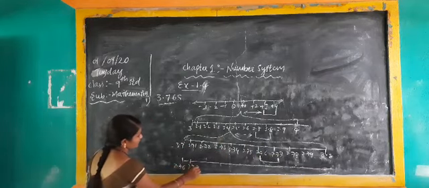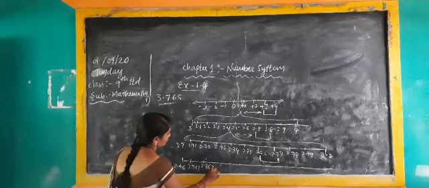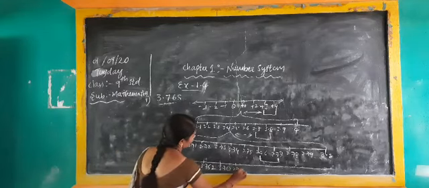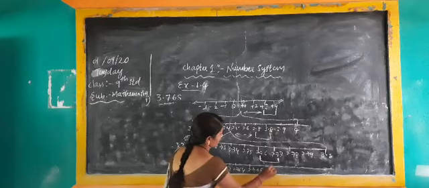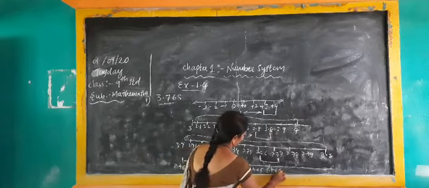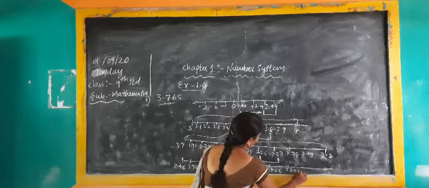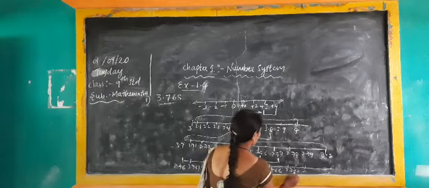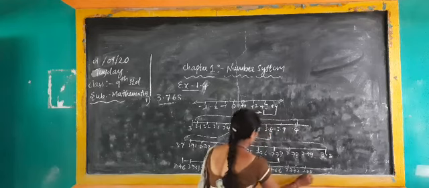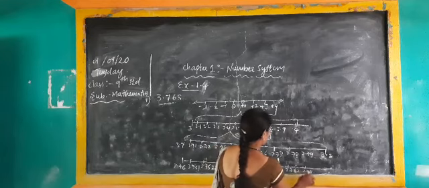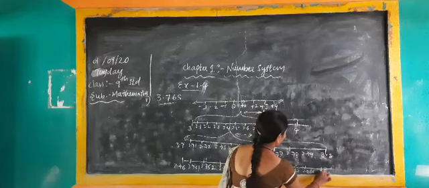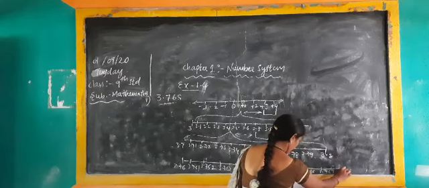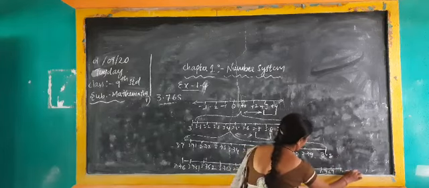3.76, 3.761, 3.762. How much do I need? 3.765. 3.763, 3.764, 3.765, 3.766, 3.767, 3.768, 3.769, and last 3.77.